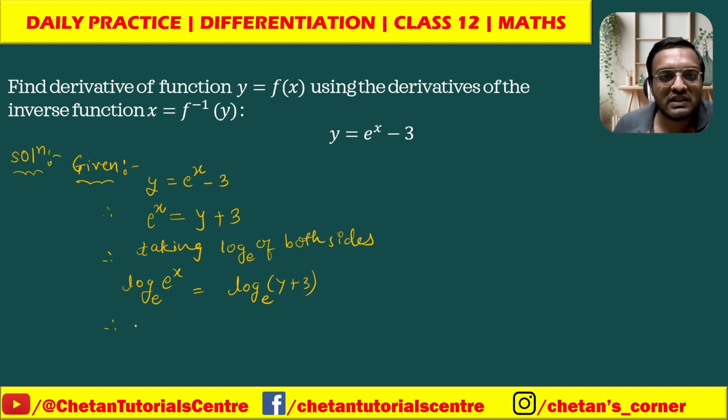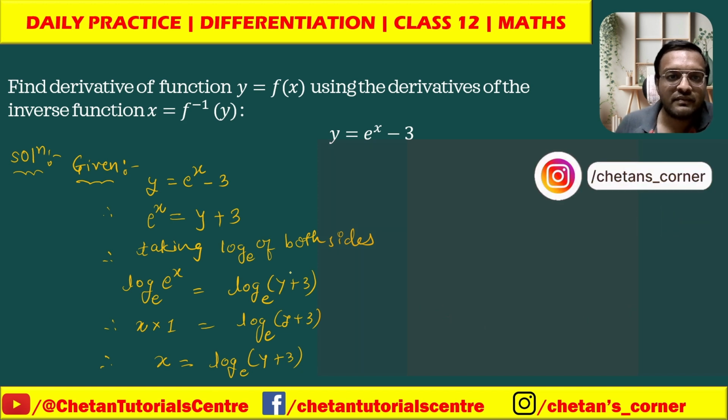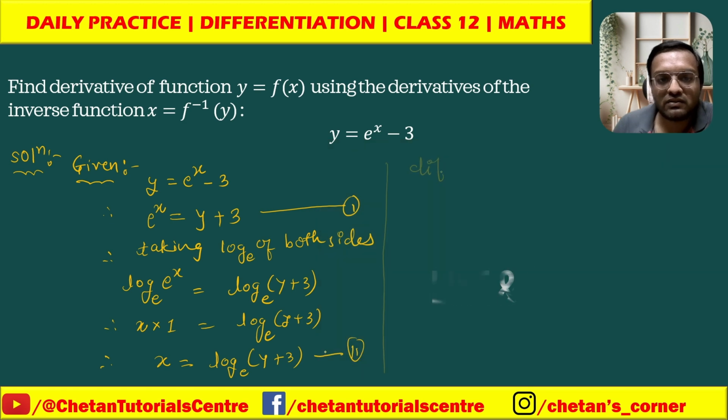This log e to the base e will give me 1, and this log of y plus 3 to the base e, I will write it as it is. On further simplifying, what I will get? X is equal to log of y plus 3 to the base e. I will mark this as equation 1 and this as equation 2.